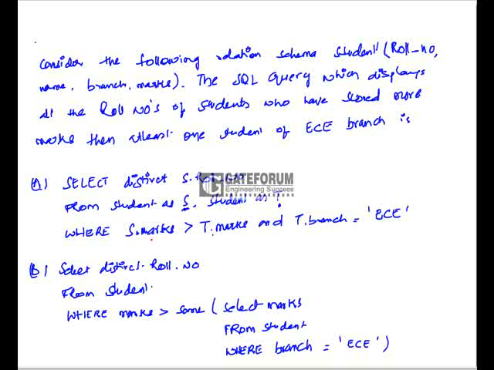That means the tuples in which the marks column in the first table is greater than the marks column in the second table, and the branch name in the second table is equal to ECE, are selected. From those tuples only, we select the attribute roll number from the first table.